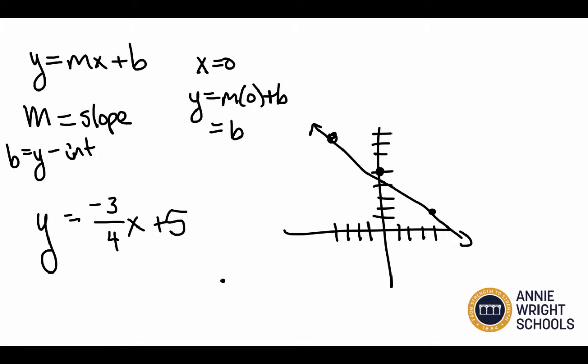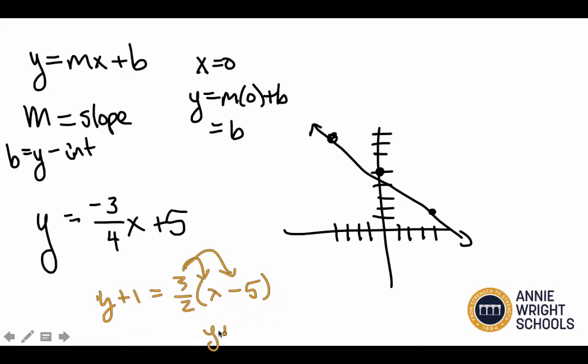Take the example we just had before, something like y plus 1 equals 3 halves times x minus 5. If you distribute the 3 halves and then solve this equation for y, it will be put into slope-intercept form. So just to see that, that's y plus 1 equals 3 halves x minus 15 halves.